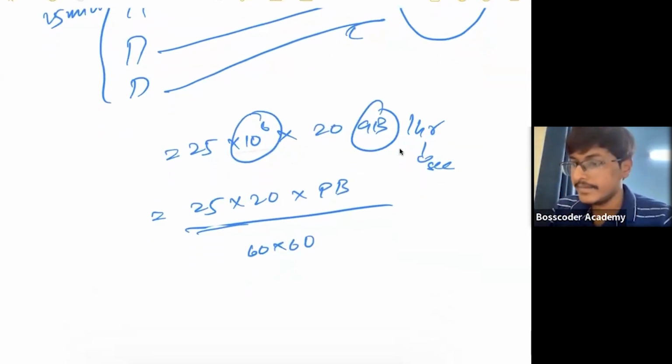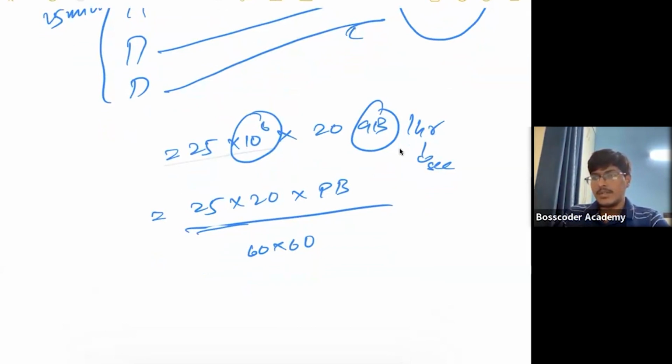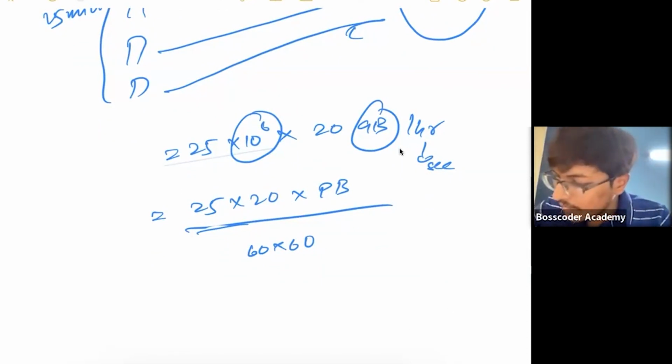Is this clear? Is this making sense? Right? So now this will cut with this, and this will cut with 3.